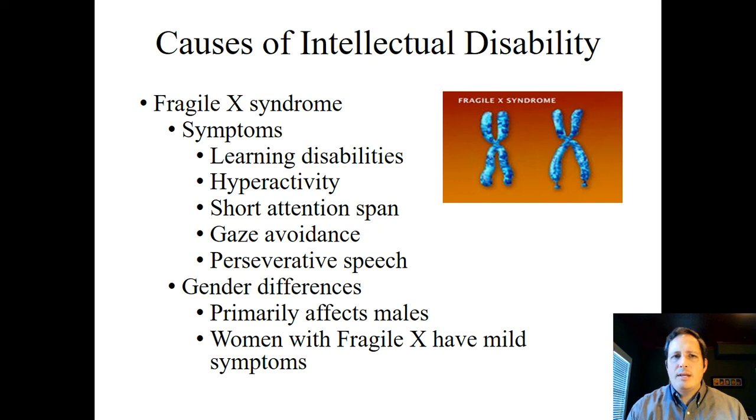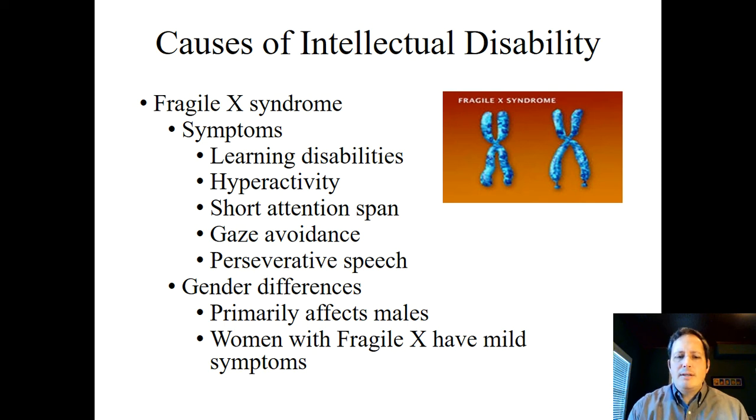You can see some of the other characteristics of those that have Fragile X, including hyperactivity, short attention span. So you might imagine that they could get identified with something like ADHD, gaze avoidance, and then perseverative speech. That's speech that continues to have a repetitive quality to it, the perseveration.